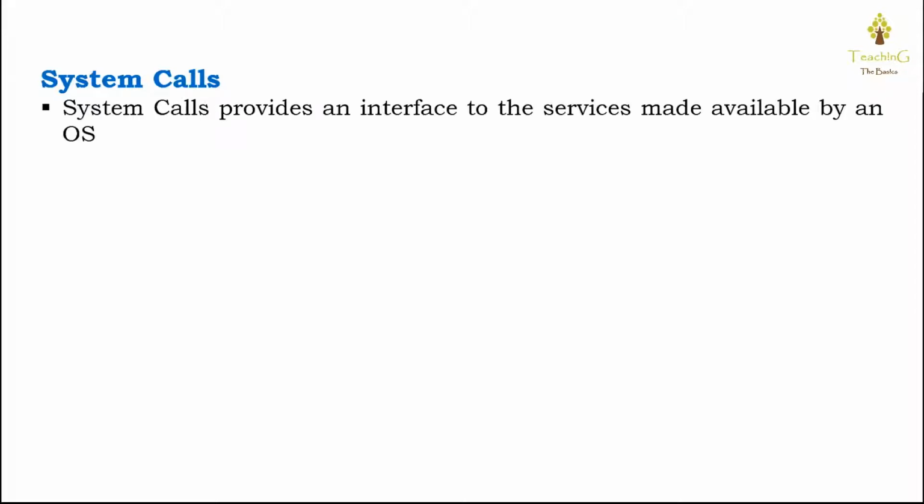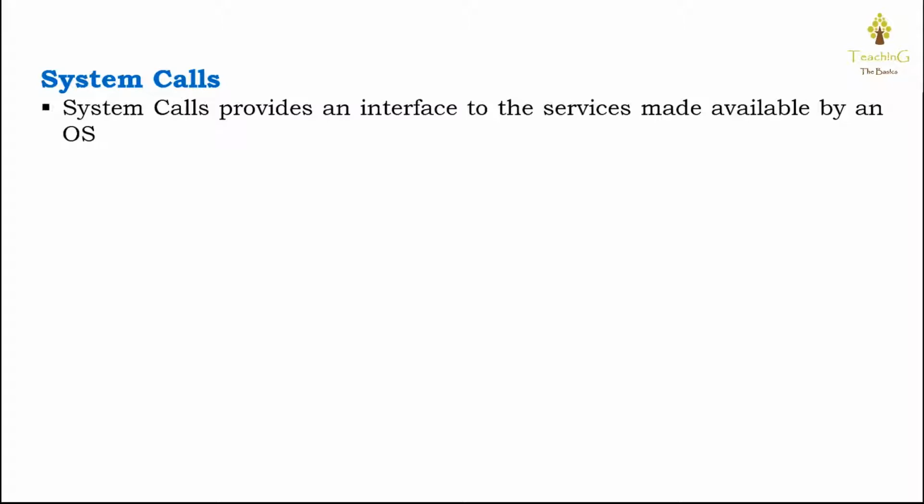A system call provides an interface to the services made available by an OS. So what do I actually mean by this first statement? That you request your operating system to perform some job, and everything that an operating system does is in the form of services.